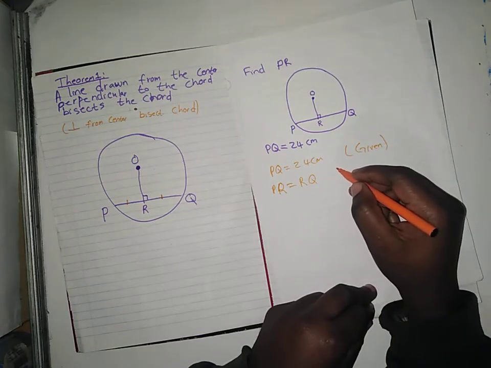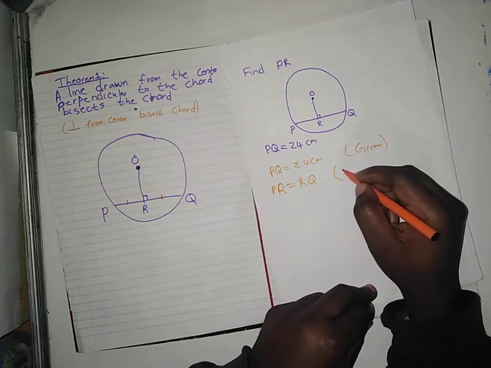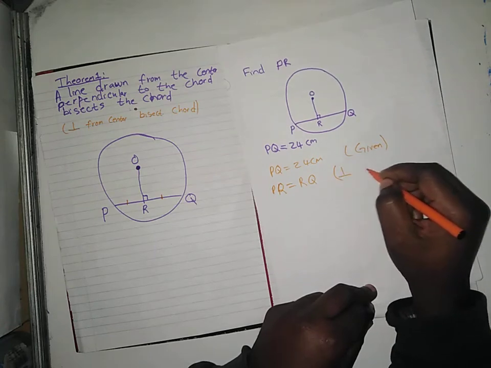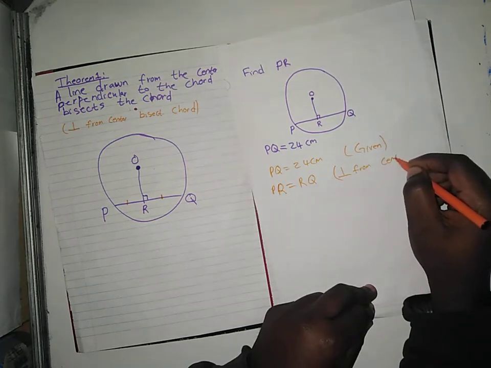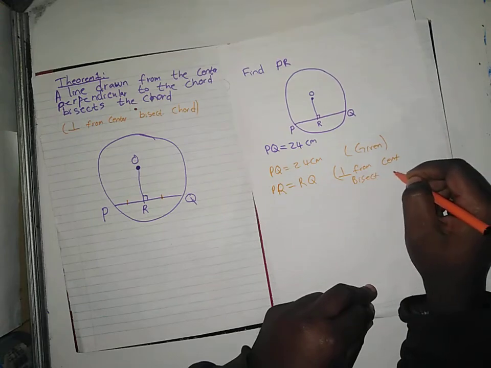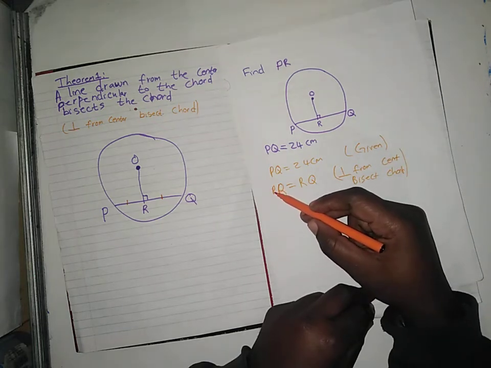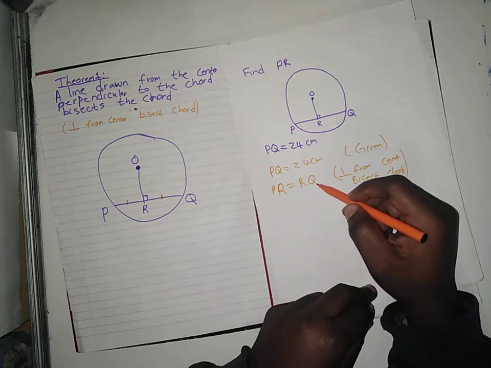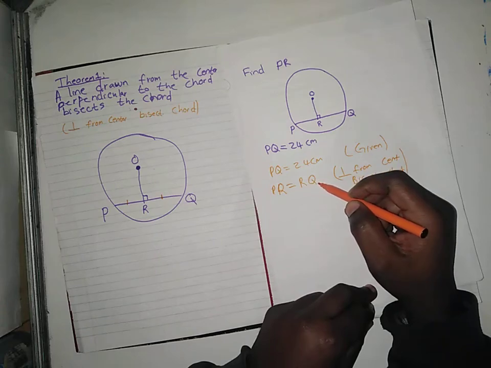Why? Because of the theorem that says perpendicular from center bisects chord. Okay, so can you see PR is equal to RQ? Can you see that?